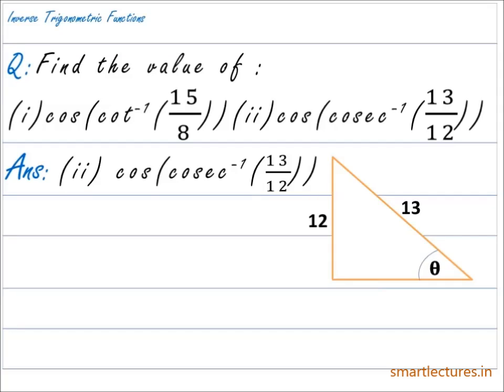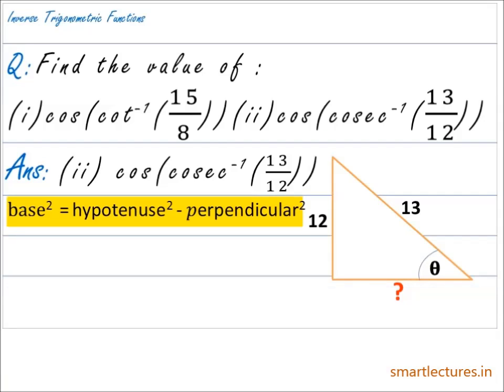Now what will be the value of cos theta in the given right angle triangle? Cos theta is equal to base upon hypotenuse. Hypotenuse is 13 units, but we don't have the value of base with us. So let's again use the Pythagoras theorem, as per which the square of base is equal to the difference of squares of hypotenuse and the perpendicular.